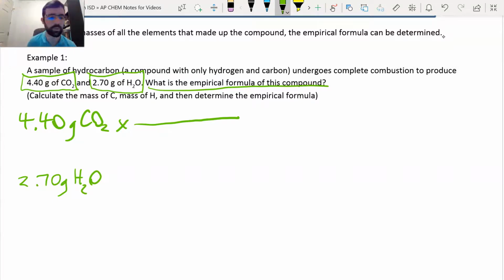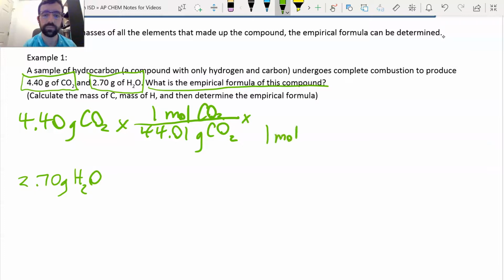So yes, it's 44.01 grams of CO2 for every 1 mole of CO2. And for every 1 mole of CO2, we end up with 1 mole of carbon, because there's 1 carbon atom in a CO2 molecule.